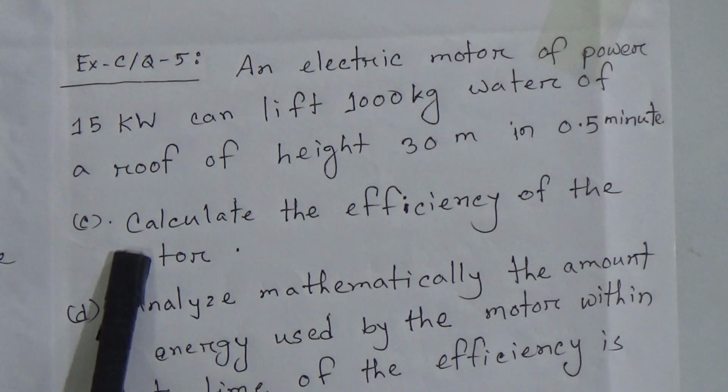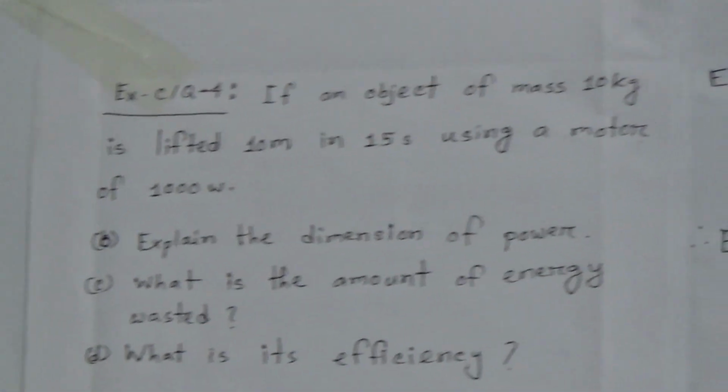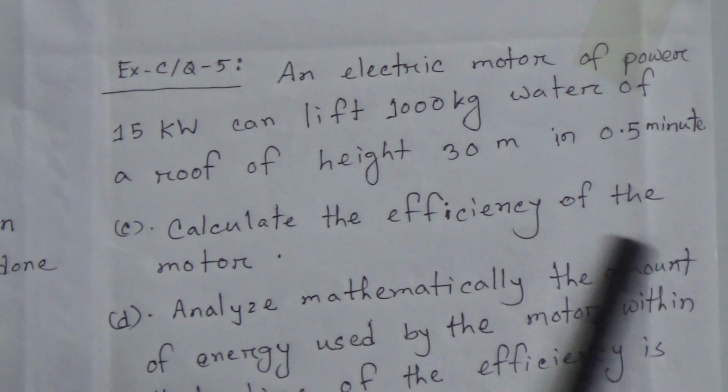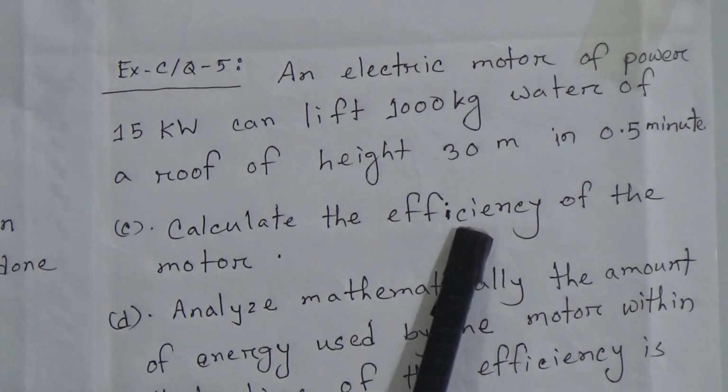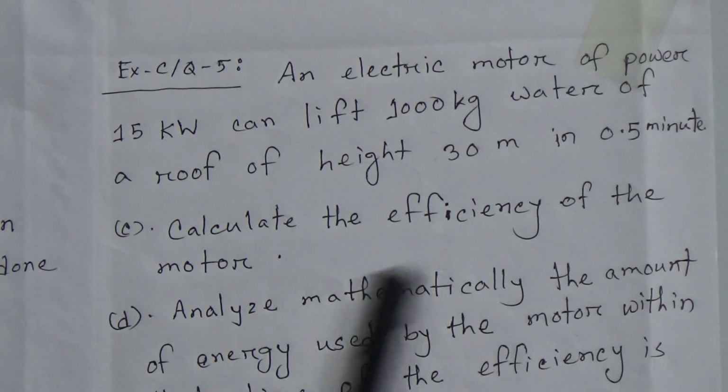Now question number C: calculate the efficiency of the motor. My dear students, similar to Extra CQ number 4, number C, you have to do this mathematical problem. The formula of efficiency is amount of work divided by energy given into 100%. That means you have to find out the amount of work.